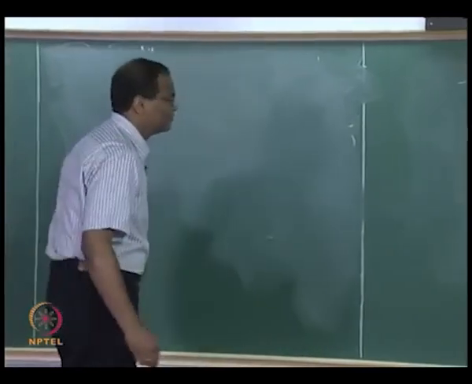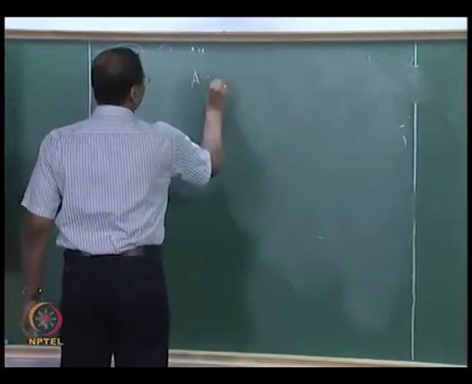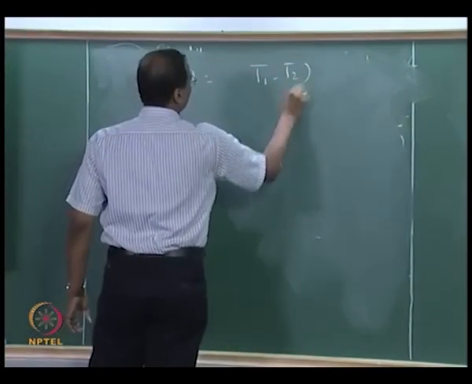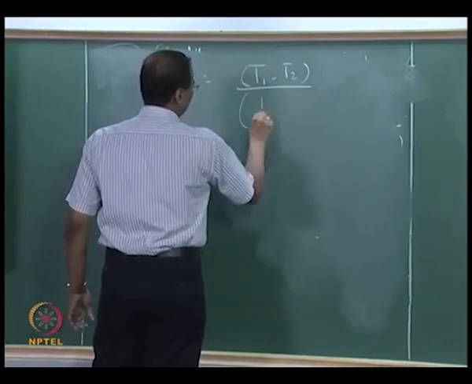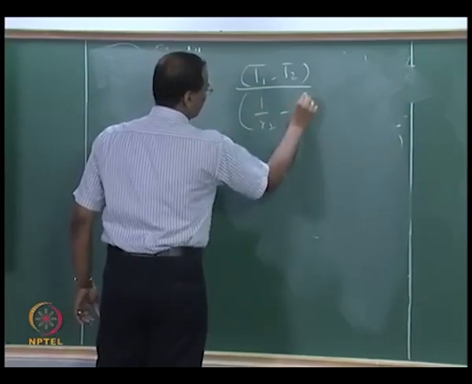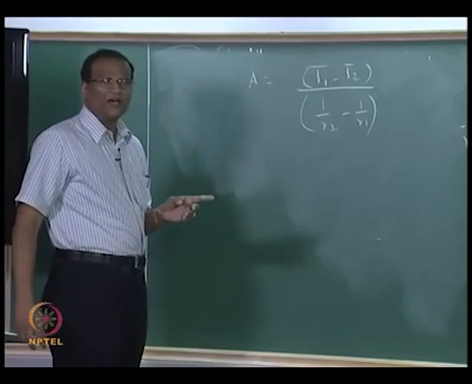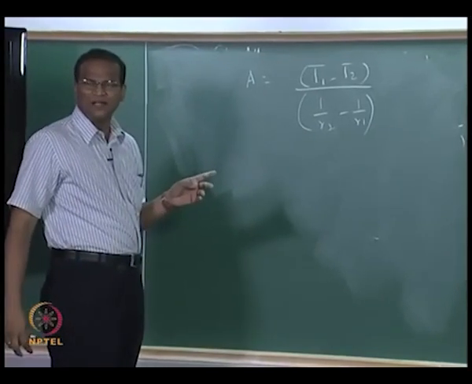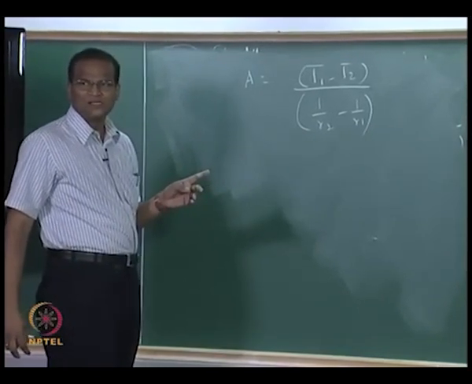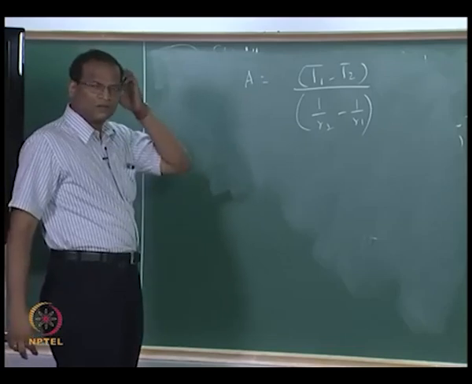So what is A? This is also okay, but 1 by R2 minus 1 by R1 will be negative. This will be negative.